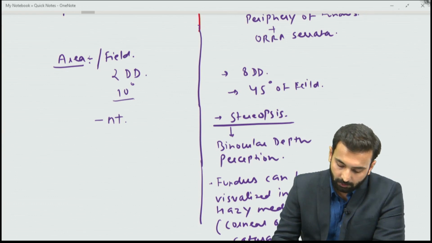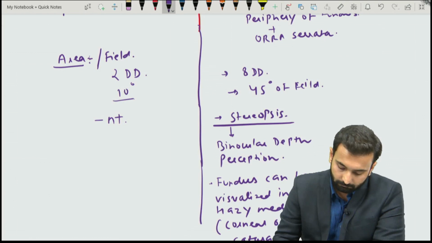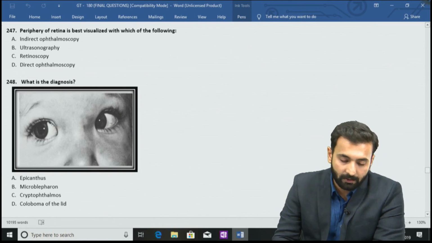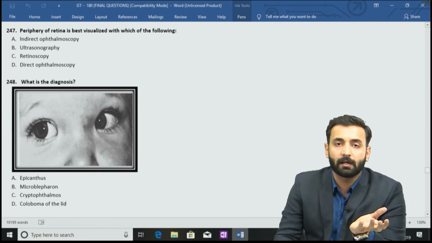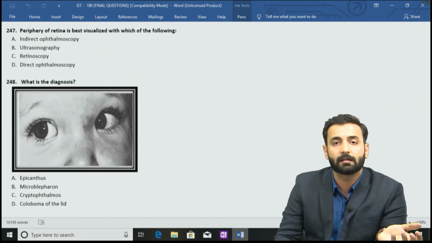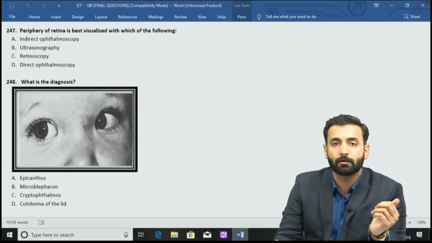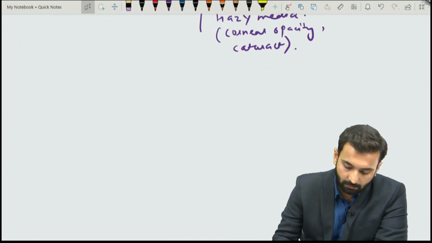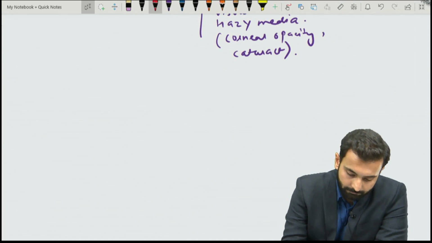Now coming to the other options they have given. Ultrasonography is B-scan ultrasonography.